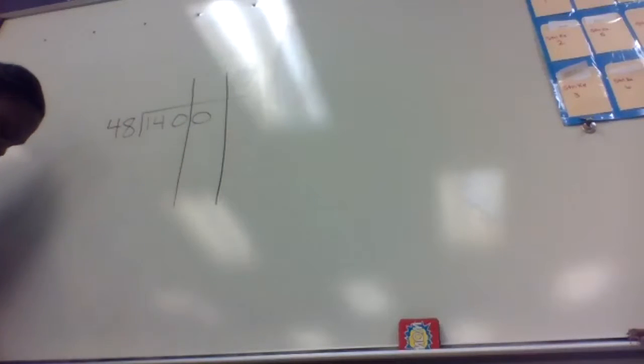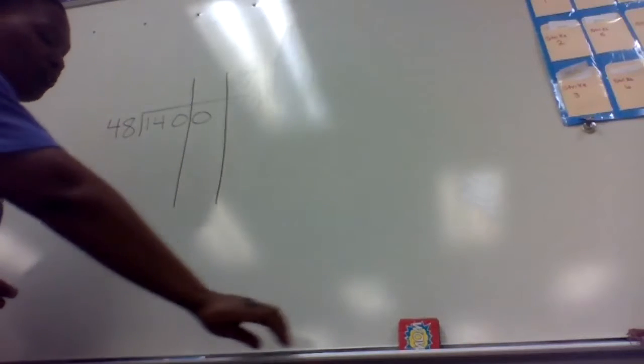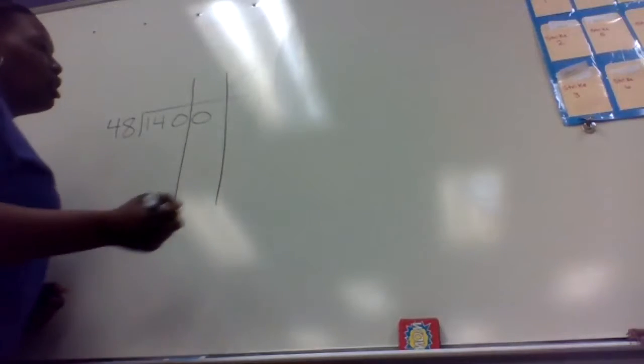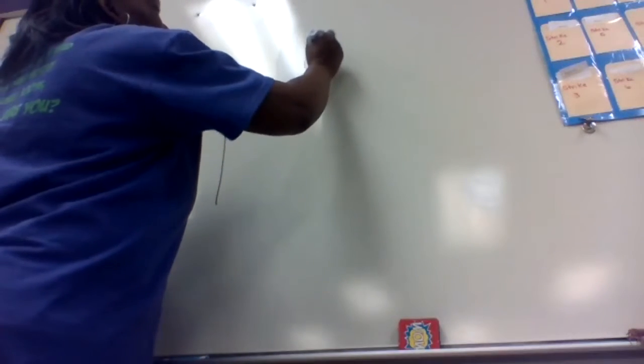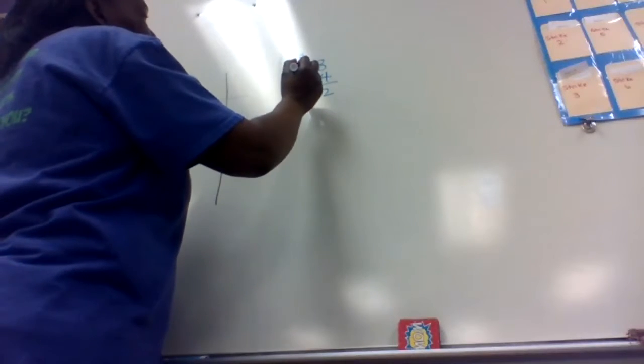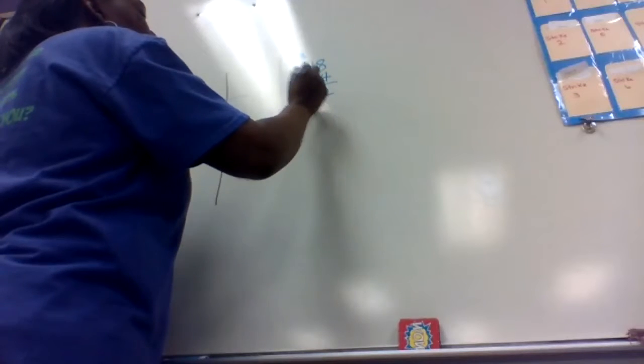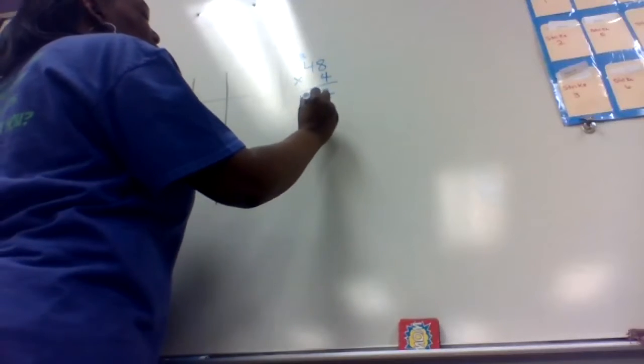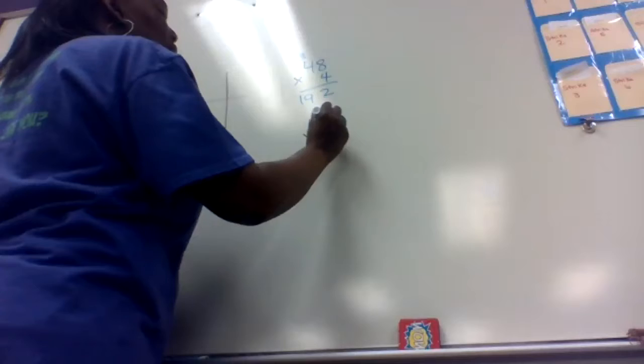Okay. So we're gonna have to do our multiplication facts for 48. All right. So let's start with 48 times 4. That's 192. That's too big. So let's do 48 times 3.